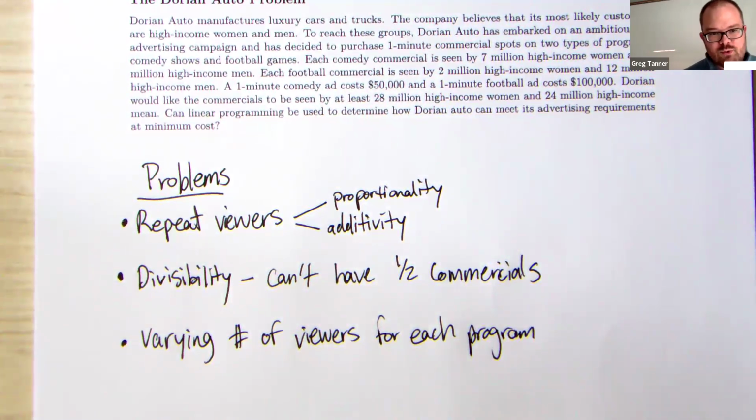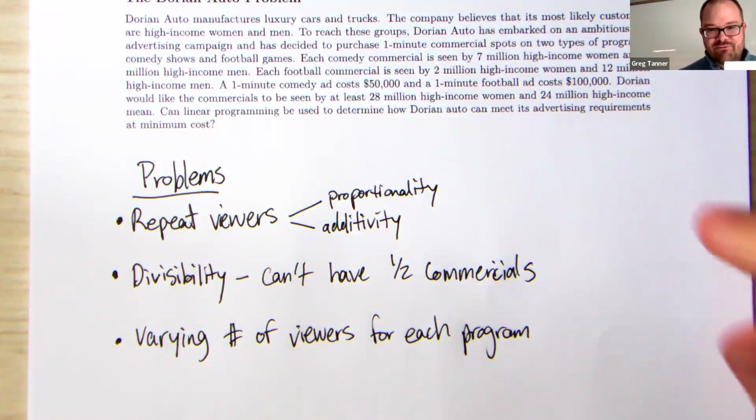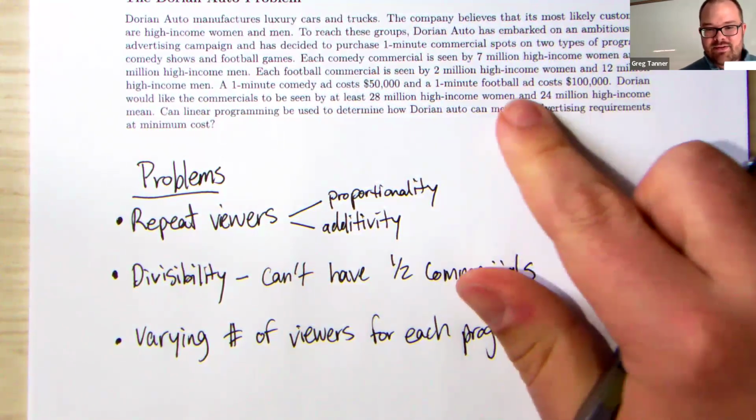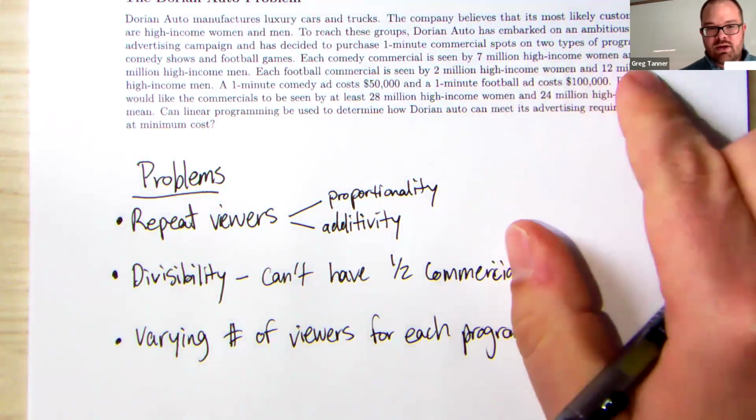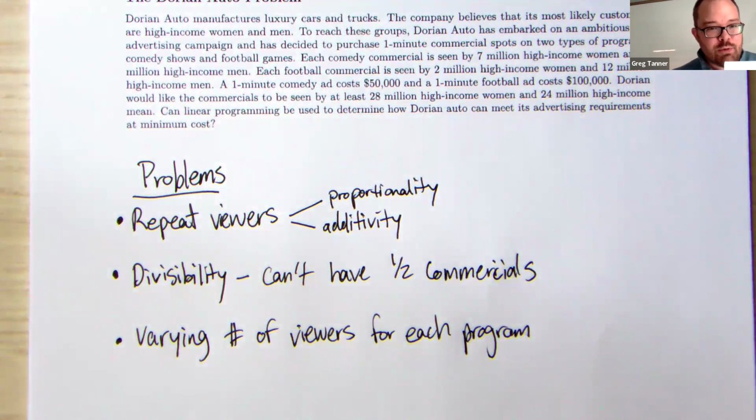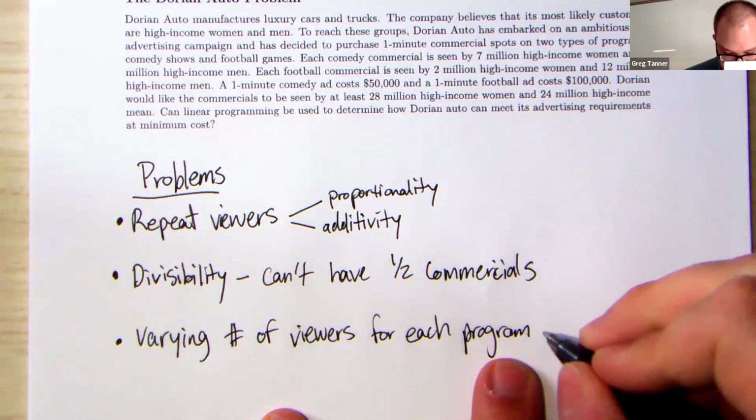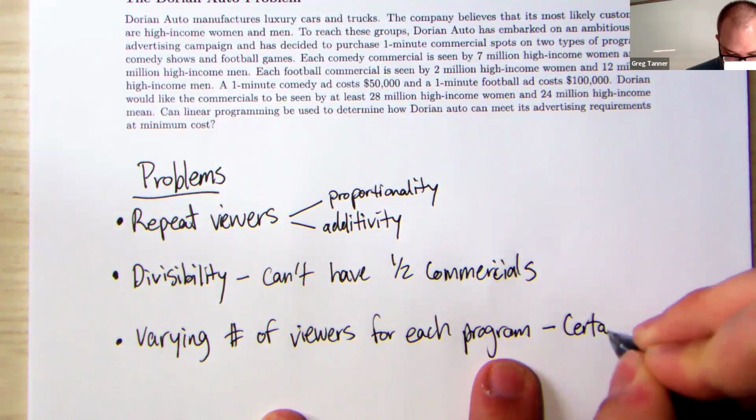And so I have very little certainty in any of these numbers as far as viewership for each of those, because football game to football game, that's going to vary widely based off of who's playing who and the timing of the game. And same thing with comedy, in that if you look at the numbers for any show viewership, those numbers go up and down by quite a bit. So this one would violate the certainty condition.